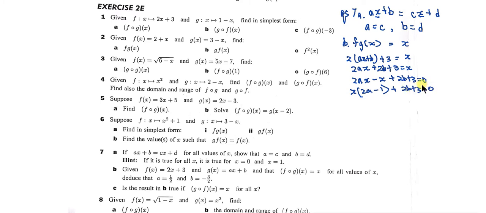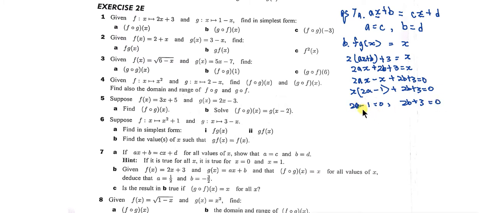Okay. Now, on the right hand side is 0. That means to say, for this to be 0, 2a minus 1 must equal to 0. Similarly, there's no constant on this side. That means 2b plus 3 must be equal to 0.